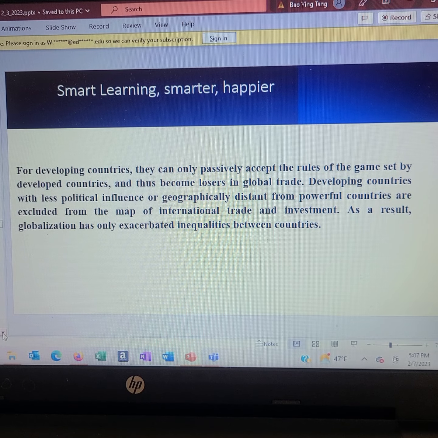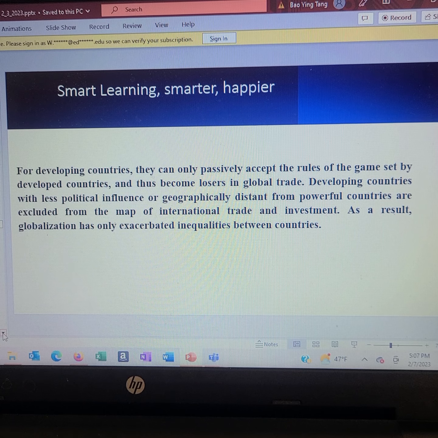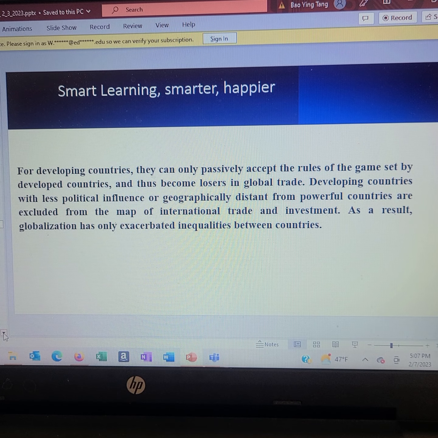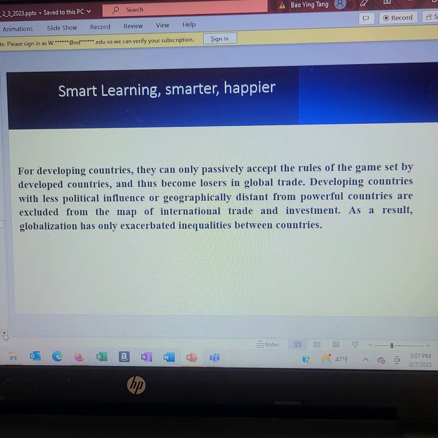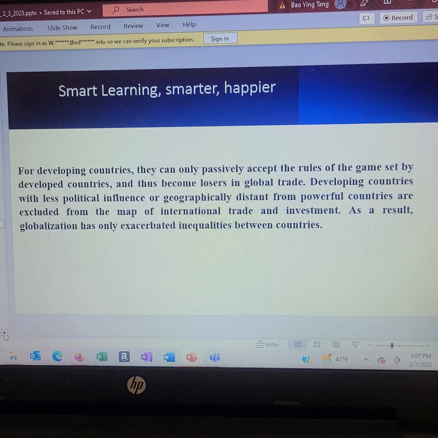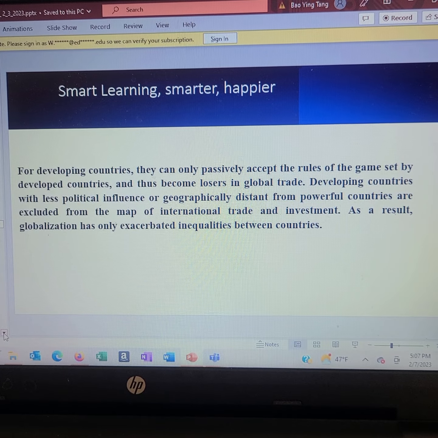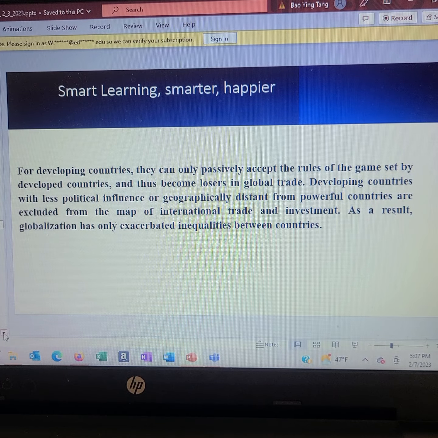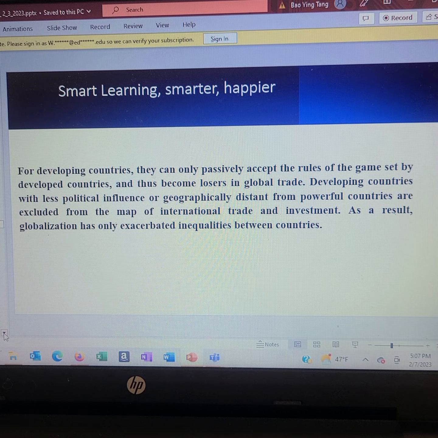For developing countries, they can only passively accept the rules of the game set by developed countries, and thus become losers in global trade. Developing countries with less political influence or geographically distant from powerful countries are excluded from the map of international trade and investment. As a result, globalization has only exacerbated inequalities between countries.